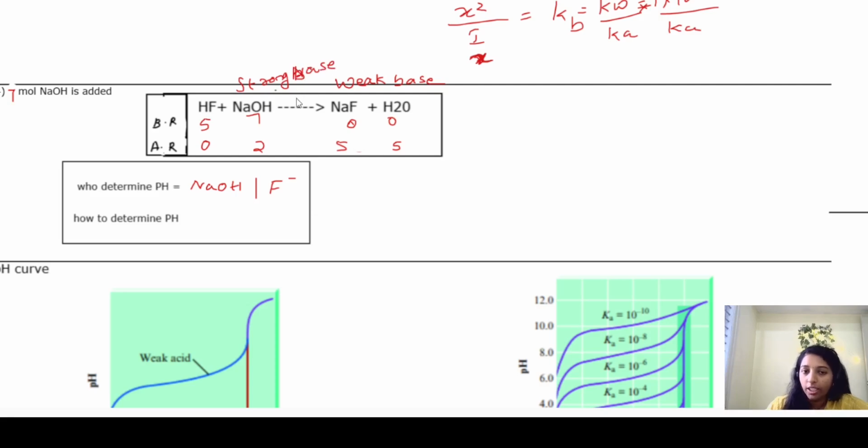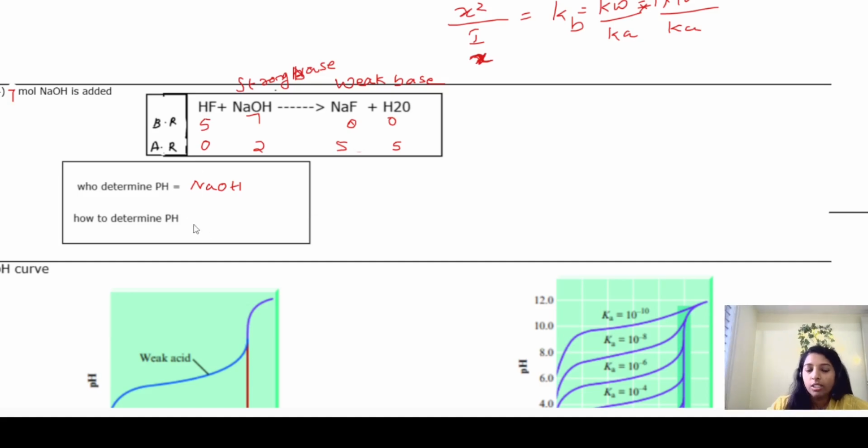This is the only time you can ignore the basic salt effect. In all the previous cases we could not neglect the effect of NaF, but this time you can, because in front of NaOH, F minus is nothing.